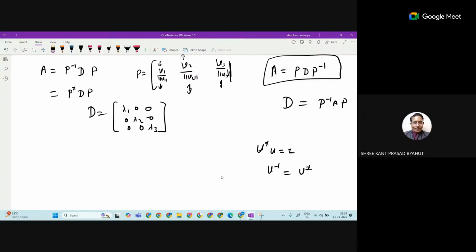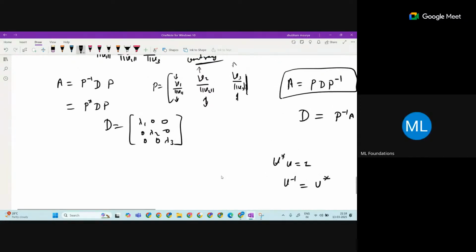So in place of the inverse, I can write P star.